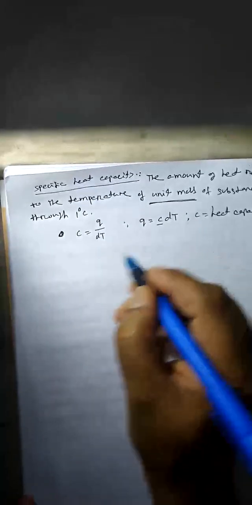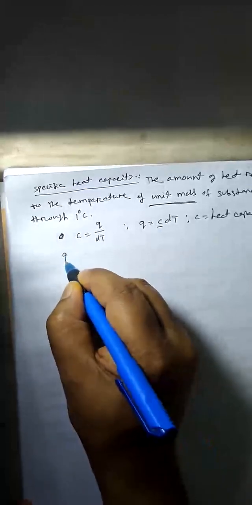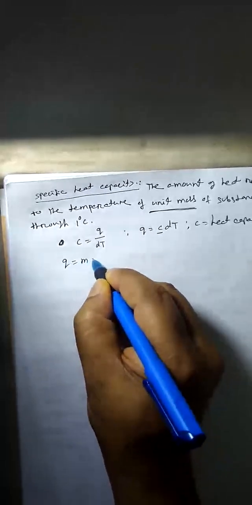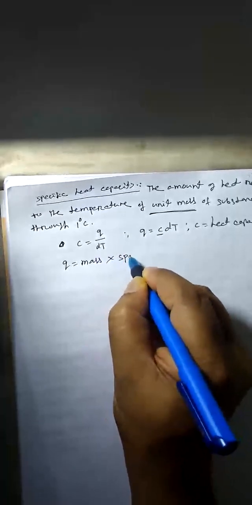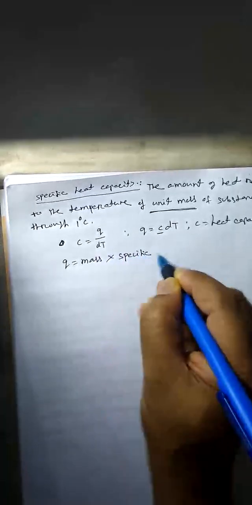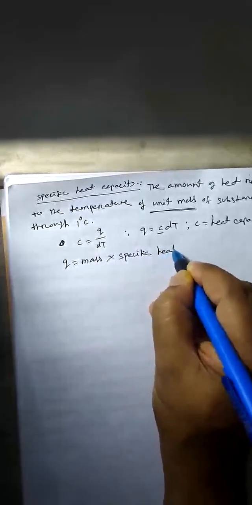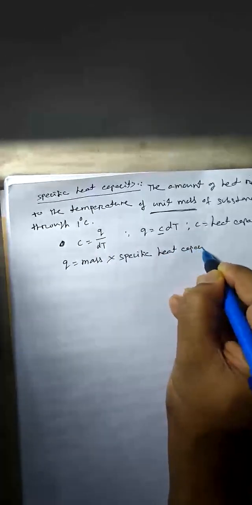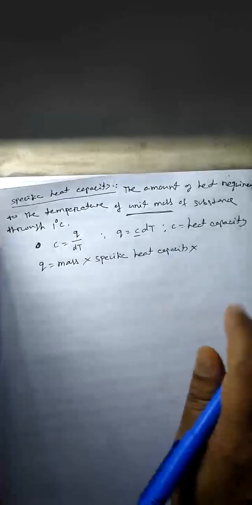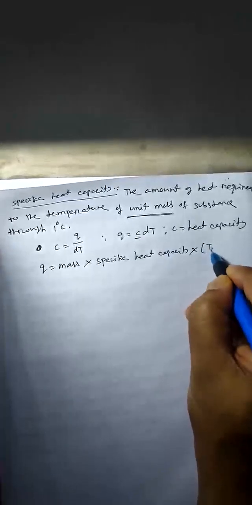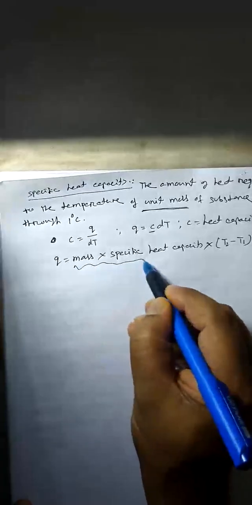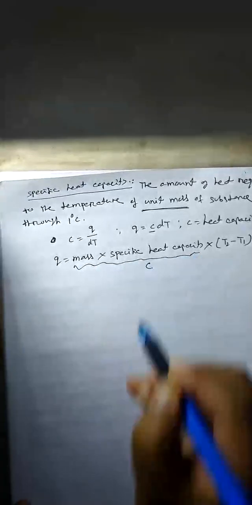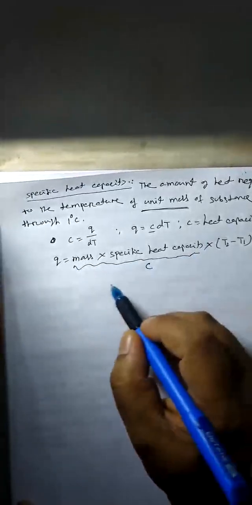So then we can write that Q is equal to mass of the substance into specific heat capacity into dT. dT means final temperature minus initial temperature. This whole thing is nothing but C, the heat capacity.